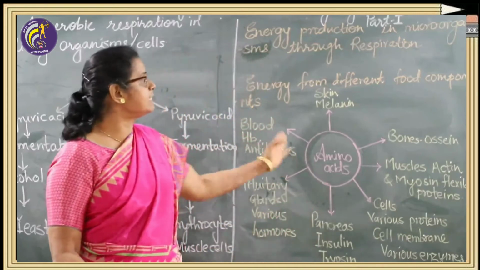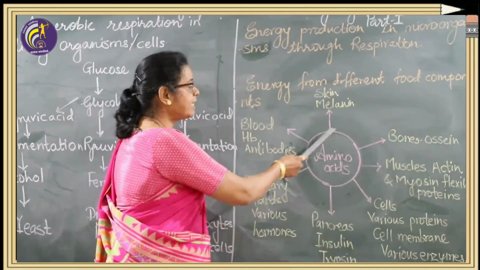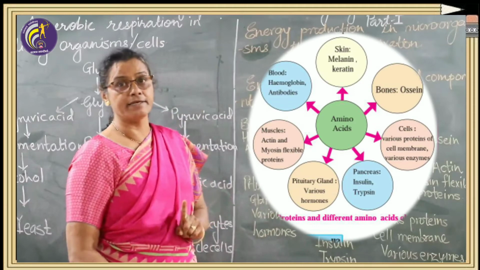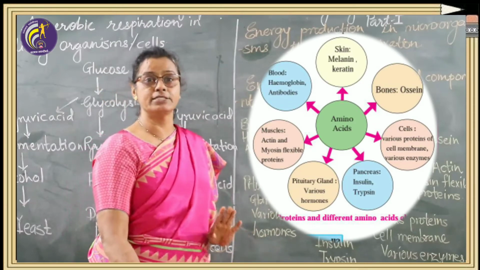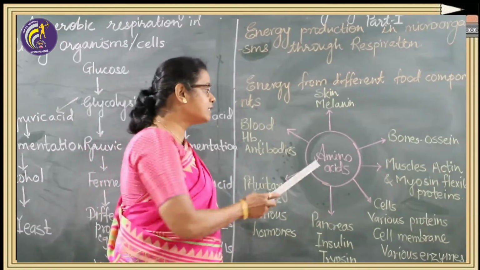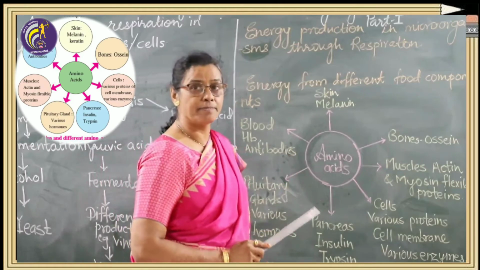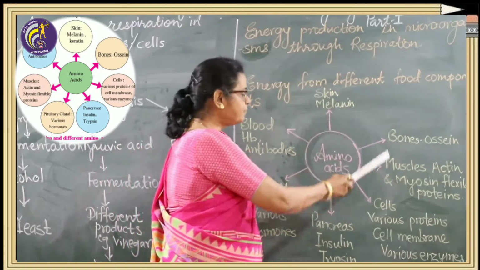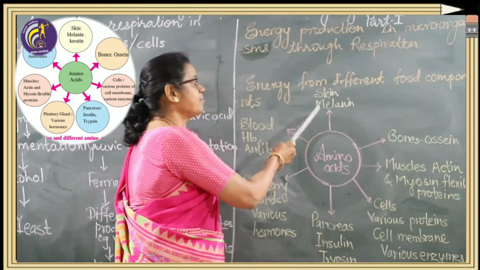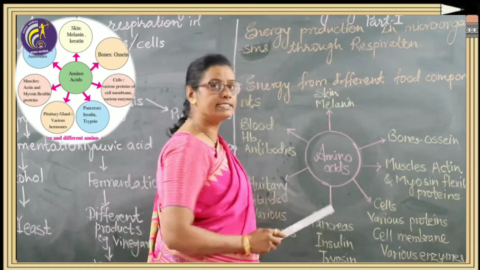Here, if you see this diagram, when we take 1 gram of protein, we get 4 kilocalories of energy per gram of protein. These amino acids are utilized in different parts of our body for formation of different kinds of proteins. In our skin, melanin is a protein that is formed by amino acids.